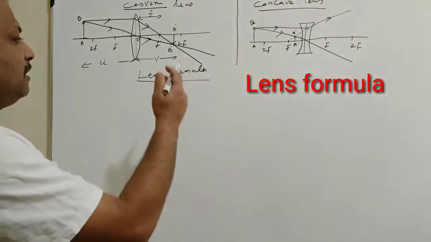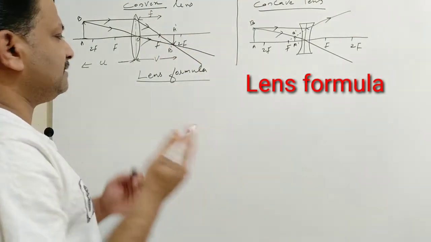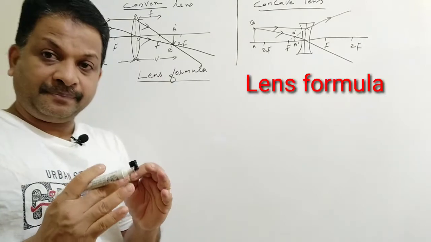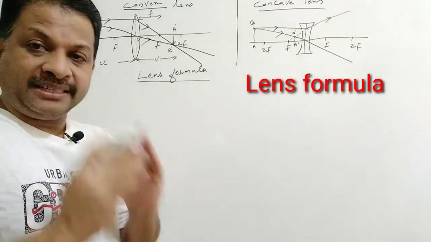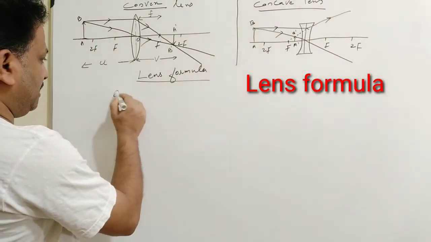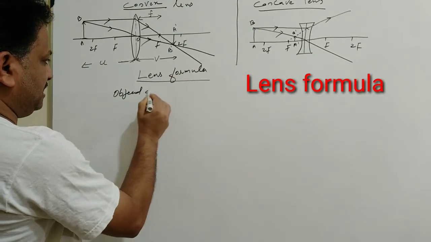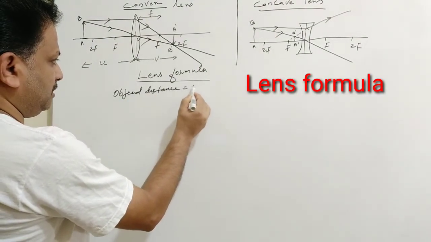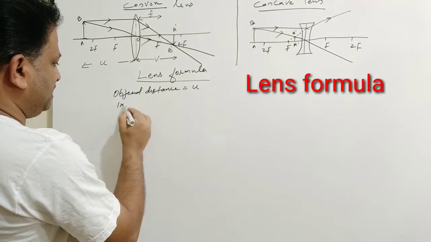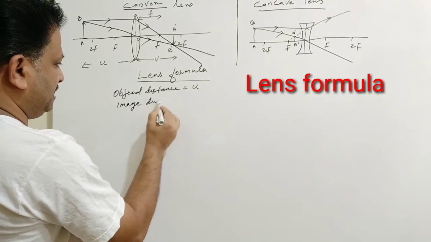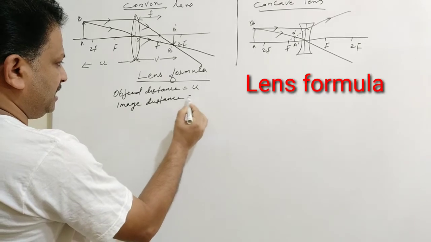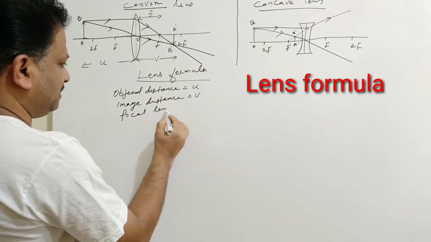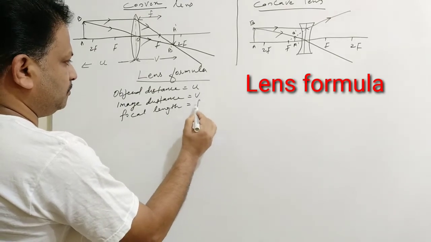The lens formula is a simple mathematical formula which gives the relationship between object distance, taken as small u, image distance, taken as small v, and the focal length, taken as small f.